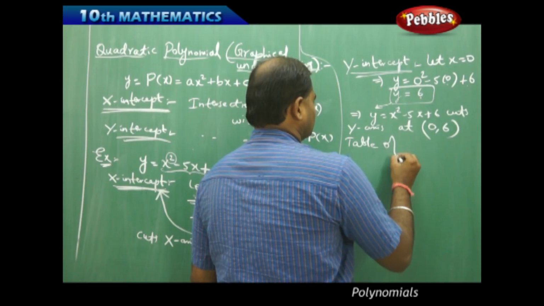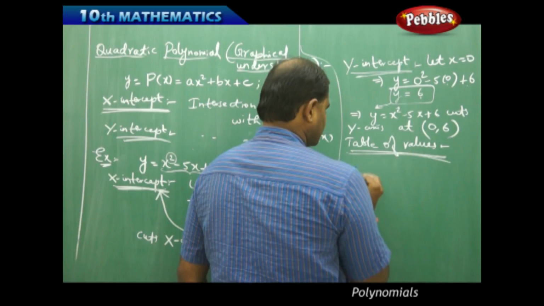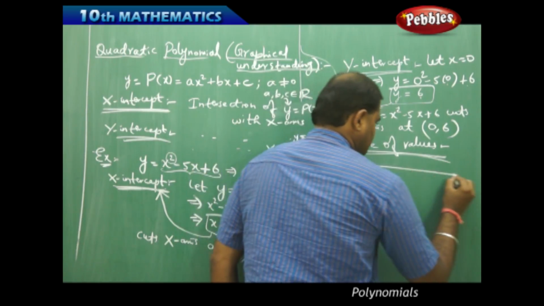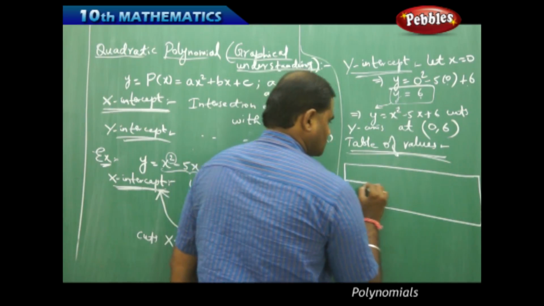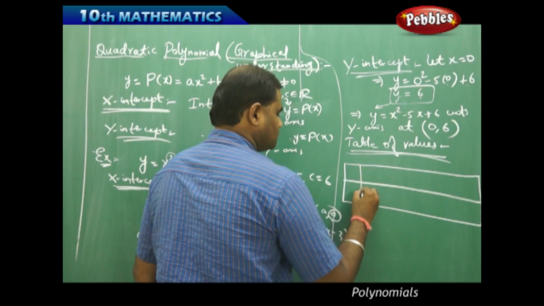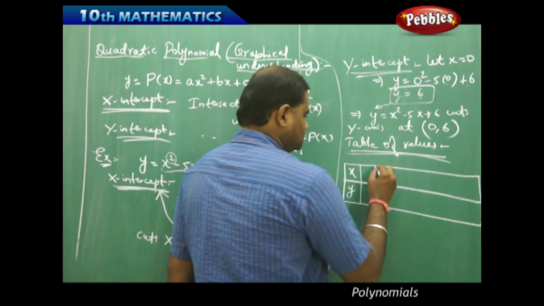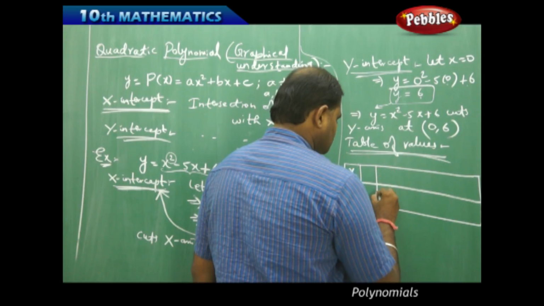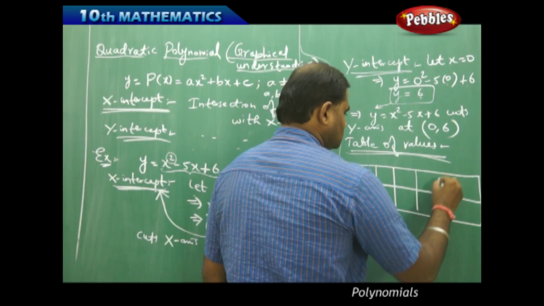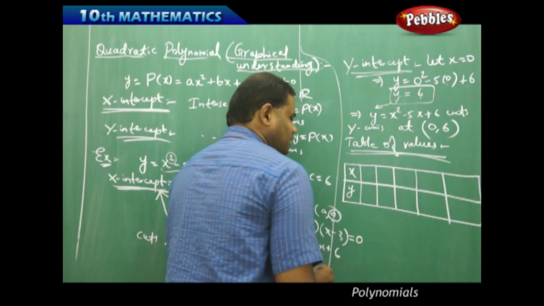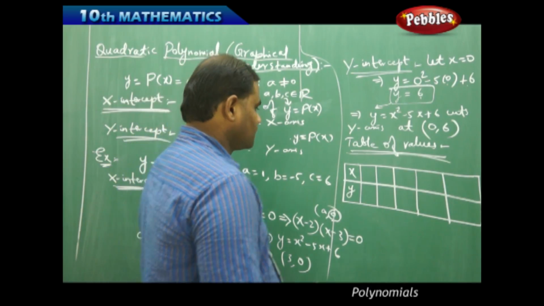I pick a table consisting of x and y, which is p of x, and I randomly take some values ranging from negative to positive.